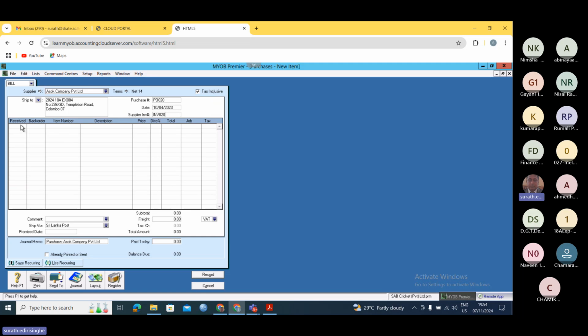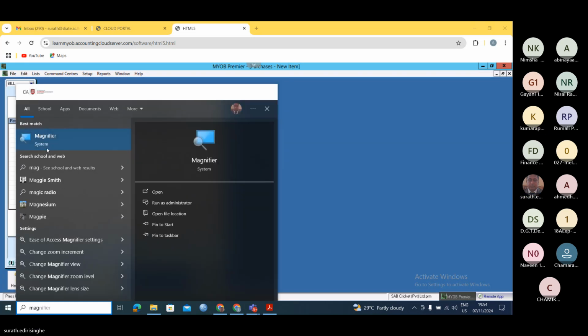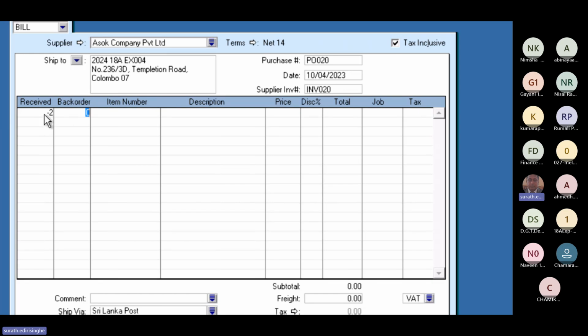Now type the received quantity. Let's assume that in the first item we return 2 quantity due to the color separation, minus 2 quantity. Look at the screenshot. Look at it, minus 2.